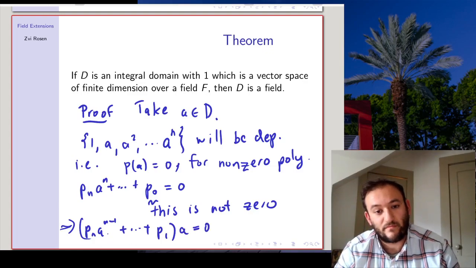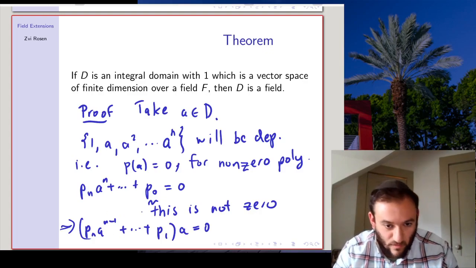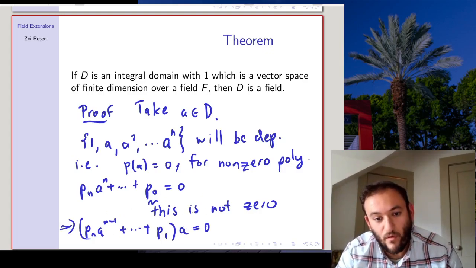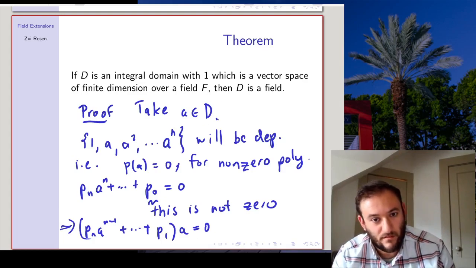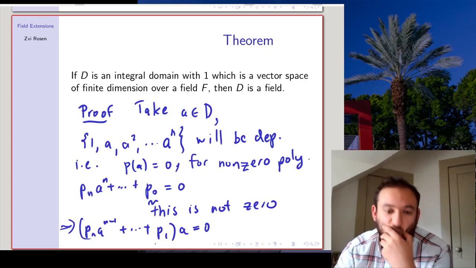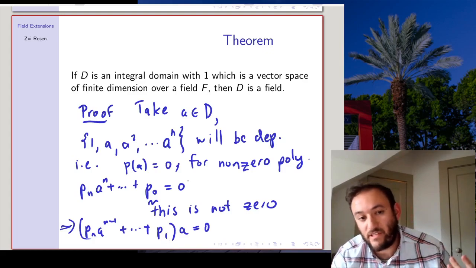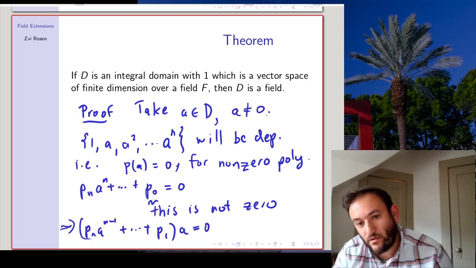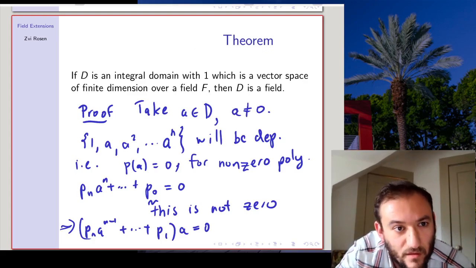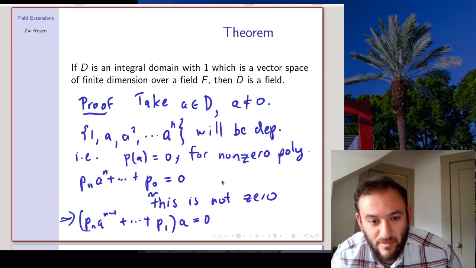So one of these factors has to be 0, otherwise that would contradict the fact that we're in an integral domain. Again, we've got to specify that this is not equal to 0 because we're never going to invert 0. Okay. So we have that P_0 is not 0.